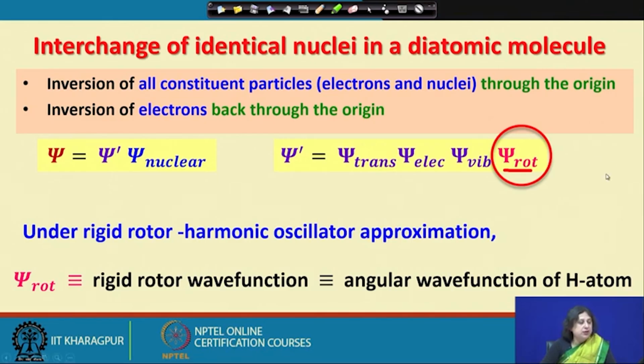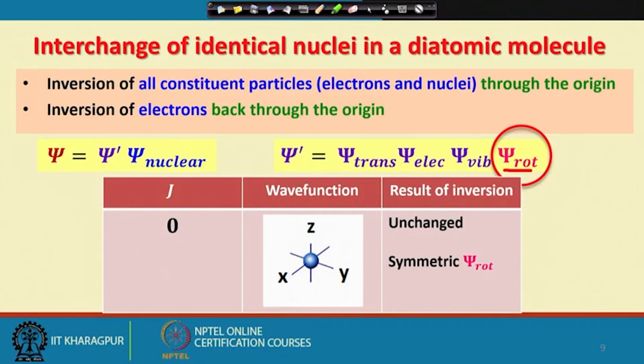This particular observation tells us that I can use the properties of hydrogen atom orbitals to understand the symmetry properties of the wave functions for a rigid rotor case. So, this is the first case.